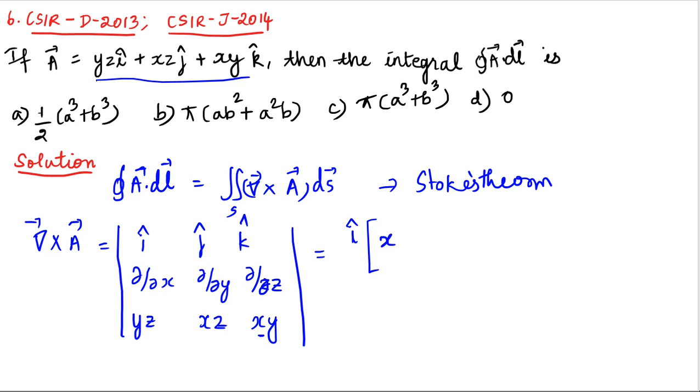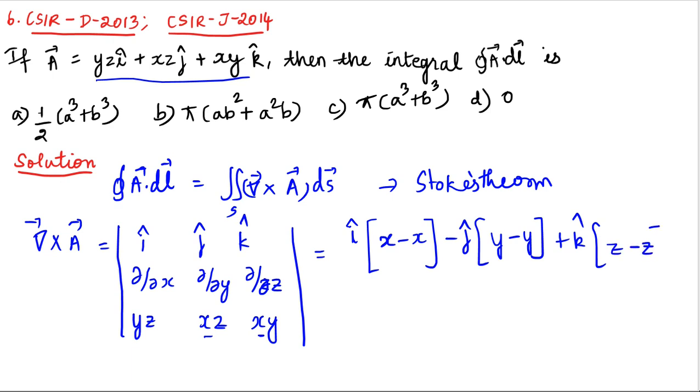And next you're going to differentiate this term by z, then you're again going to get minus x. Similarly, this will give you y minus y plus k cap into z minus z. So your del cross A is equal to 0. Therefore, your line integral will be 0. So it's a very simple question.